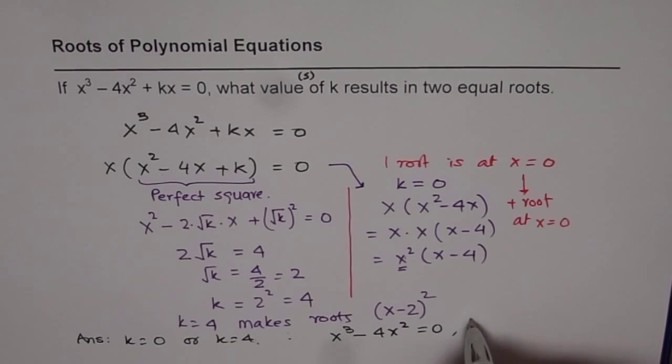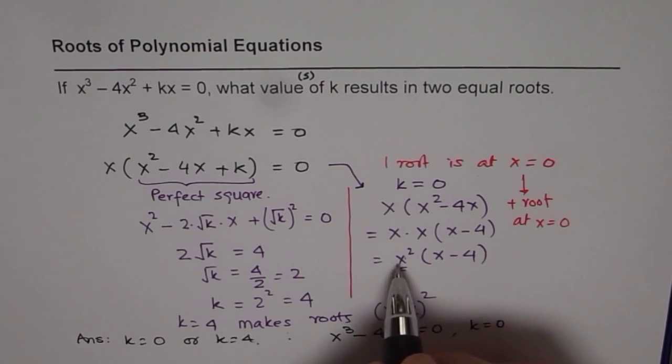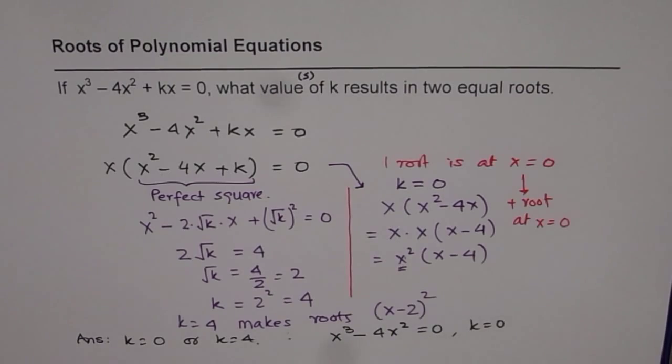This is when k equals 0, and that could be factored as x squared times x minus 4, having a double root at x equals 0. And if k equals 4, then we can factor this as x times x minus 2 whole squared. Let me write down the factors itself.